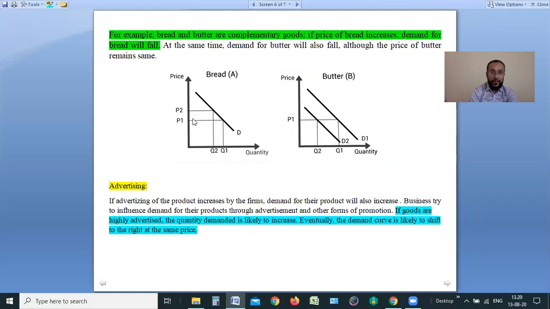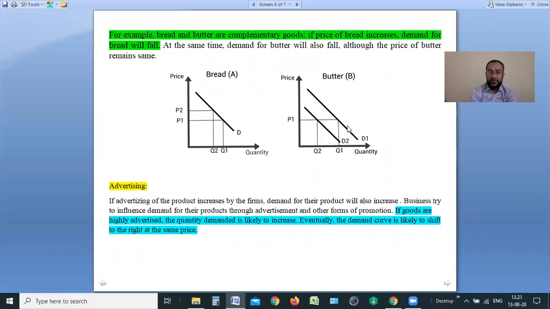This is the original price P1 of bread, and this is the original demand for bread Q1. When the price of bread increases from P1 to P2, demand for bread falls from Q1 to Q2. At the same time, at the same price, demand for butter will also fall from Q1 to Q2.